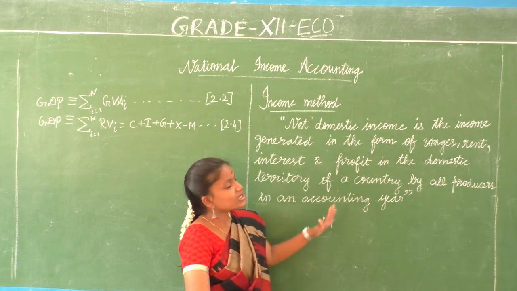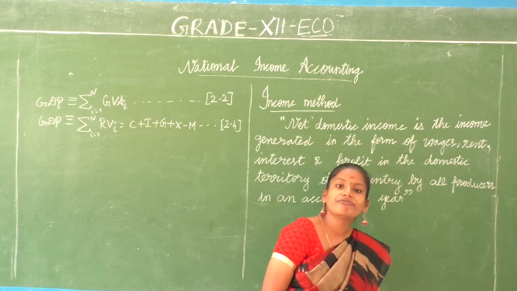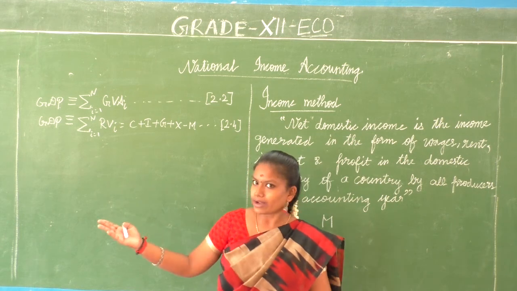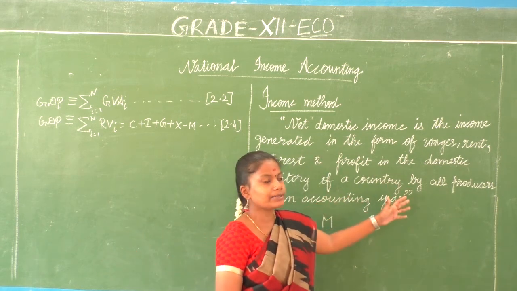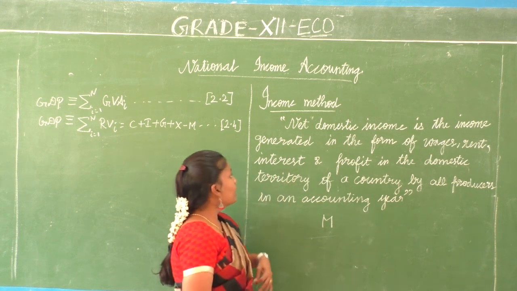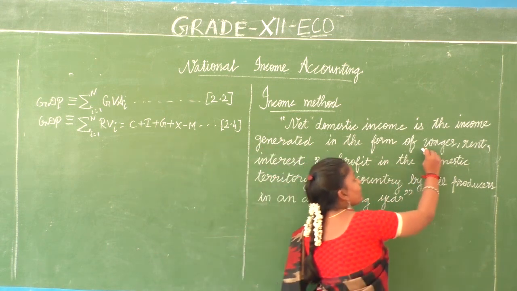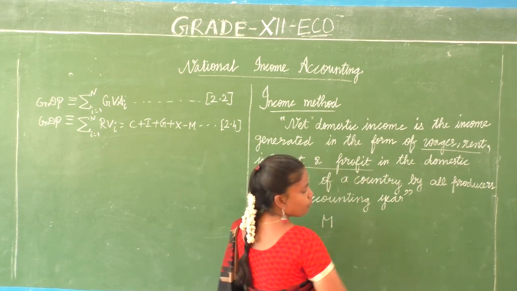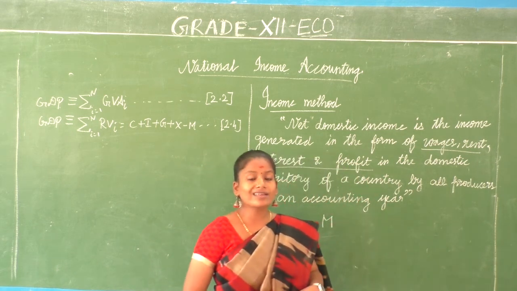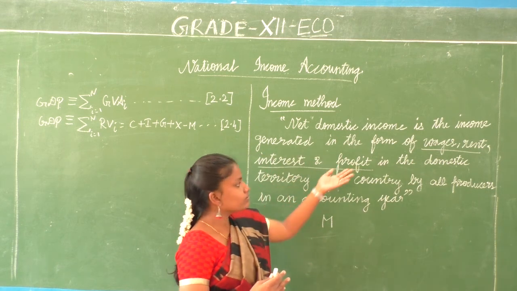Now how is the income method defined? Or how is net domestic income defined? Gross domestic product, national income is what we are going to calculate, right? How is it determined? It's the income generated in the form of what? Wages, rent, interest and profit. Okay, what are the things that you add up in your form of income?